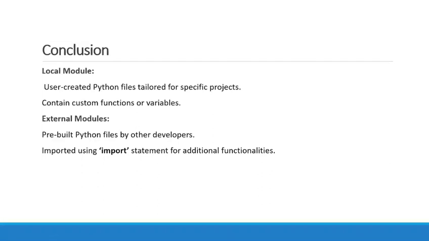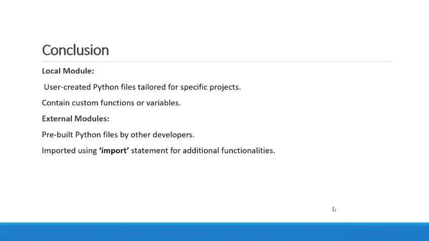External modules are files or functions that are created by other developers or other organizations. We usually import them and use them in our projects, while local modules are those which we made ourselves and then we use them.